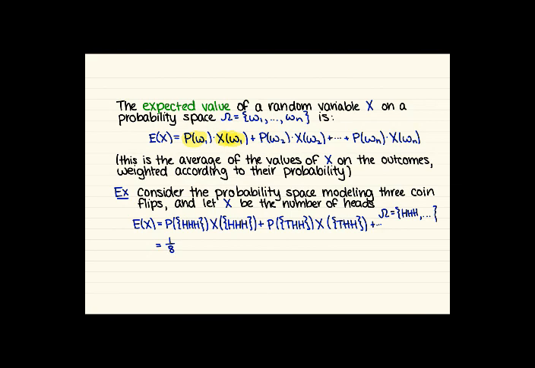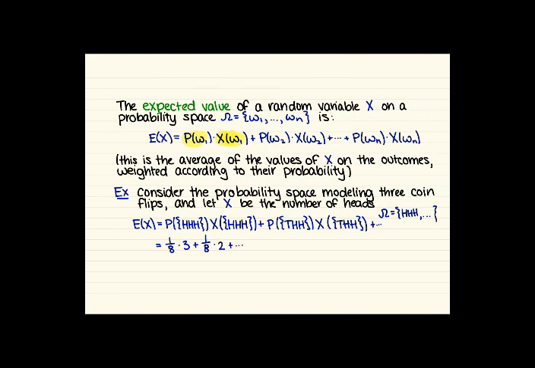And then our random variable is counting the number of heads, so we have that times 3 there. And then looking at tails, HH, that's still just happening 1/8 of the time, and then counting the number of heads there. We've got 2, and then continuing this on.